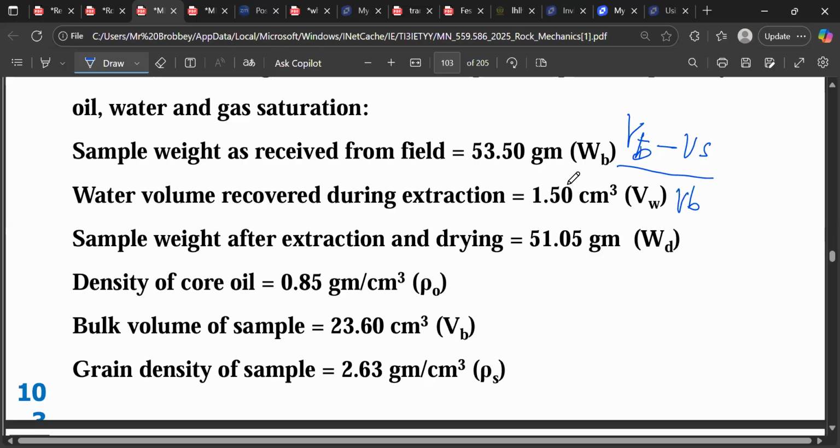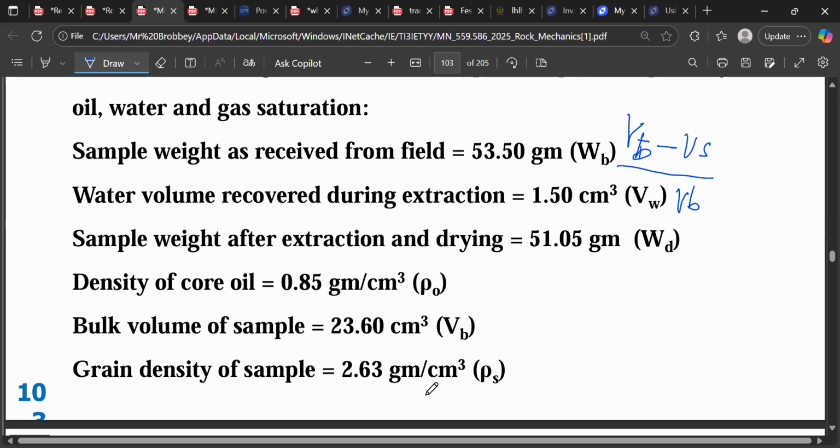We have the WD, which is the sample weight after the extraction, divided by the grain density of the sample, which is 2.6. That gave me the volume, the VS, which is 19.4. Then I substituted that figure into the first equation for porosity.